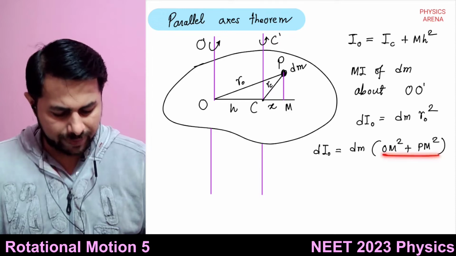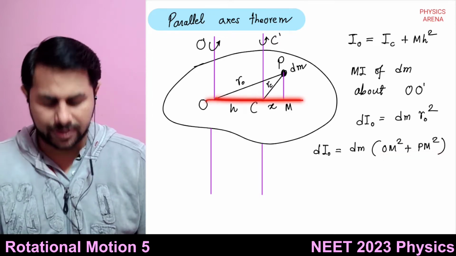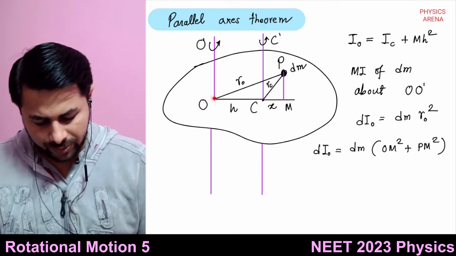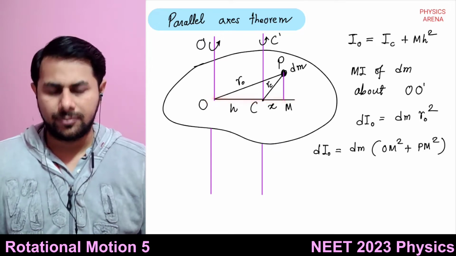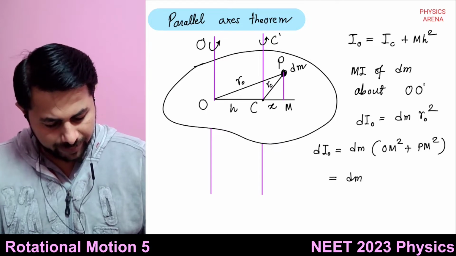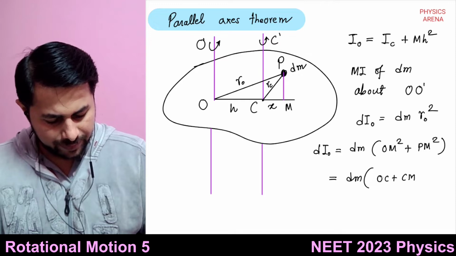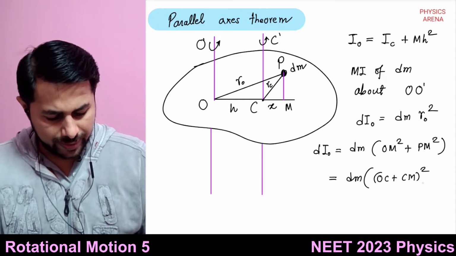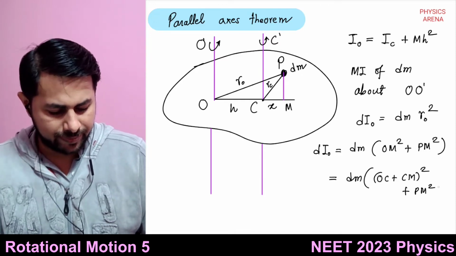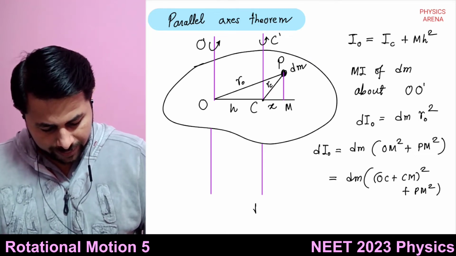This is by using the Pythagoras theorem. And then OM is equal to OC plus CM. So it is dm multiplied by (OC plus CM) whole squared plus PM squared, right?